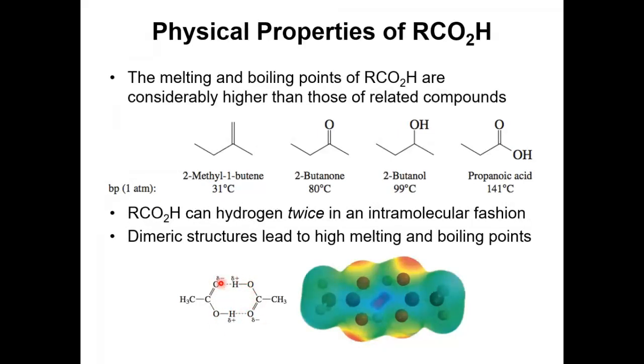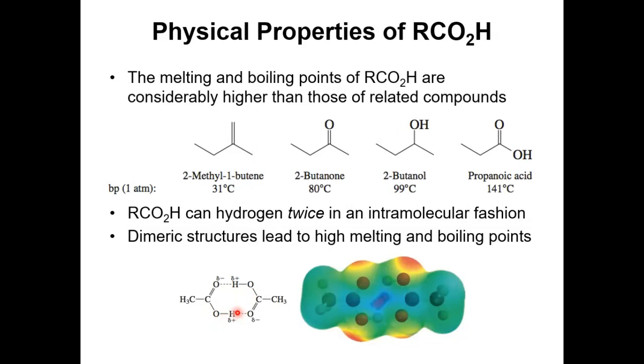By doing this, they enhance the hydrogen bonding ability of each other. They make this interaction closer to a covalent interaction. They have a synergistic effect: one hydrogen bond enhances the other, so it becomes a cooperative hydrogen bond.